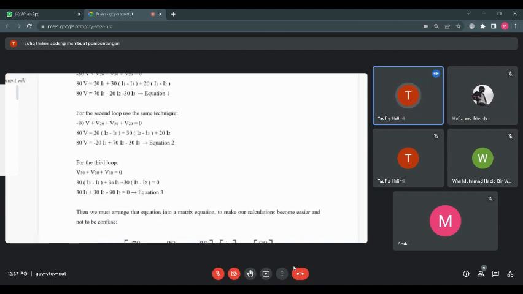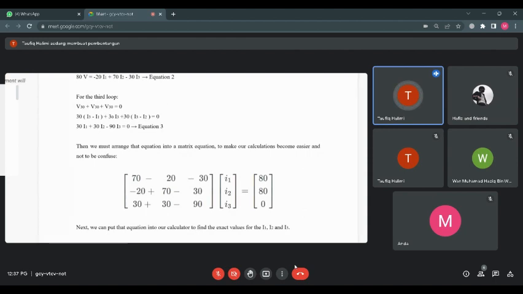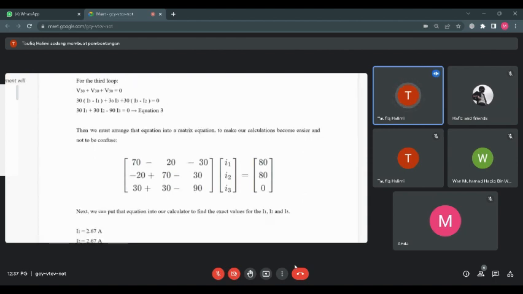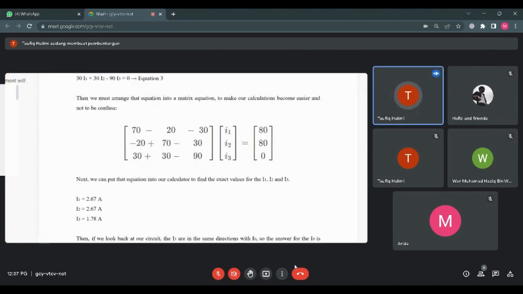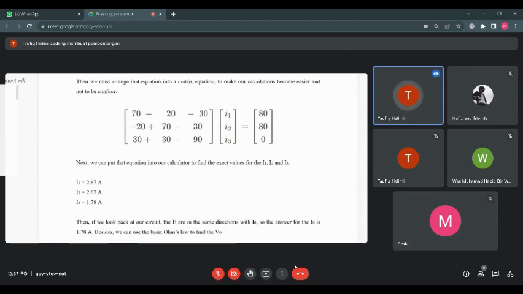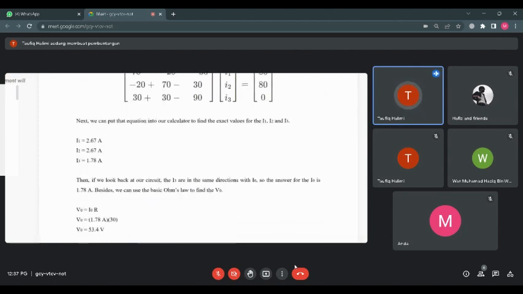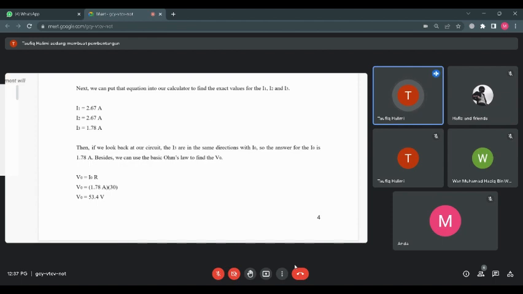Next, after we get the three equations, we arrange them into a matrix equation to make our calculation easier and less confusing. Then we put this into the calculator to find the exact values for I1, I2, and I3. After we get the result, we look back at our circuit.